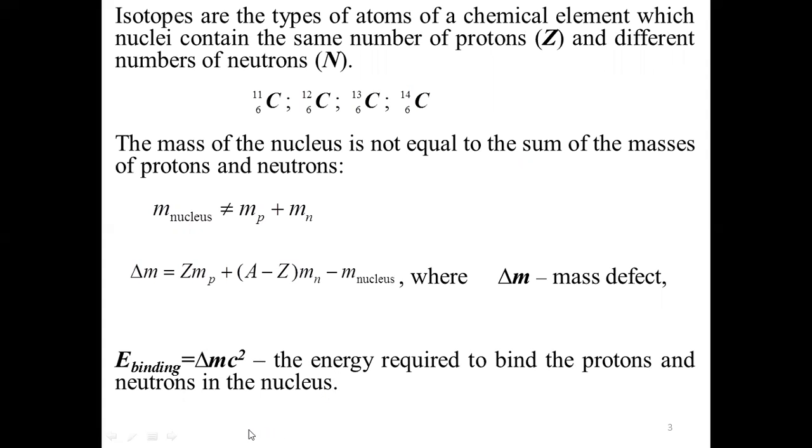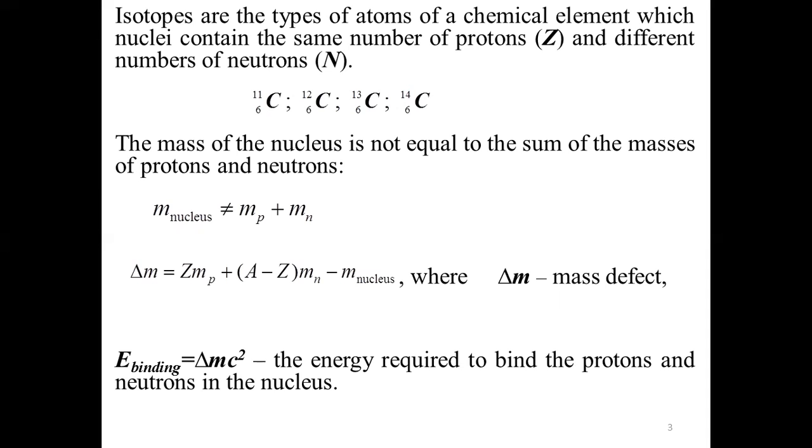Then isotopes we call the atoms of the chemical element whose nuclei contain the same number of protons but different number of neutrons. As an example, we can consider such a series of isotopes for carbon, including carbon-12, carbon-11, carbon-13, and carbon-14.